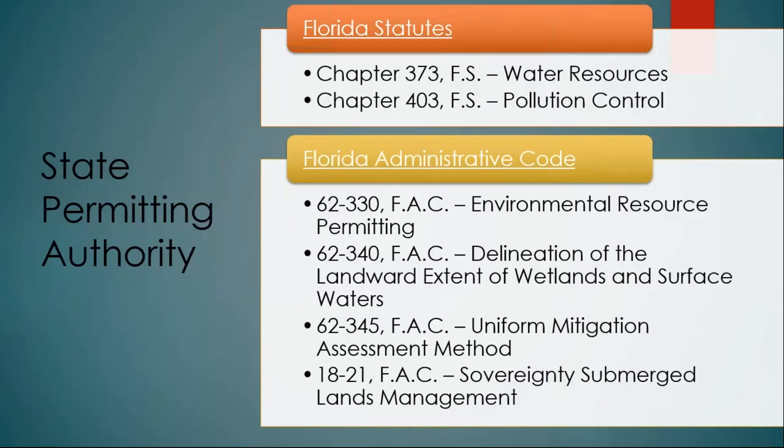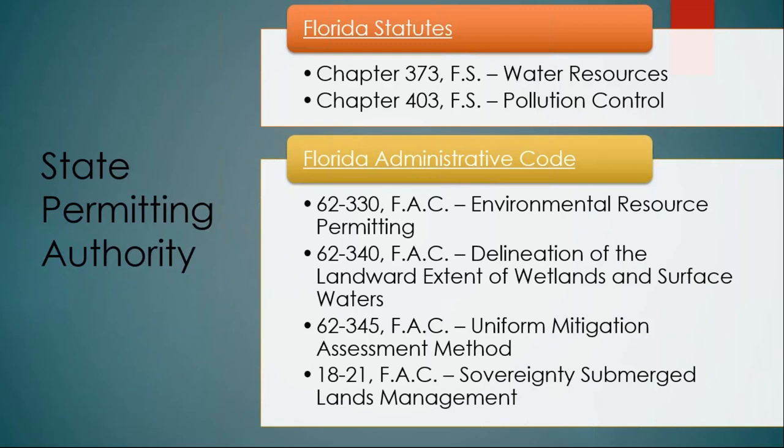On the state side of things, for the Florida Statutes, Chapter 373 talks about water resources. Chapter 403 talks about pollution control. And then further, we go into the Florida Administrative Code: 62-330 for environmental resource permitting, 62-340 for the delineation of wetlands, 62-345 for the uniform mitigation assessment method.